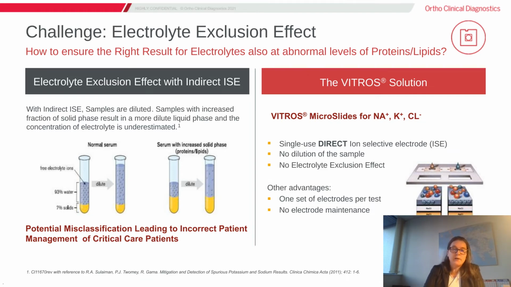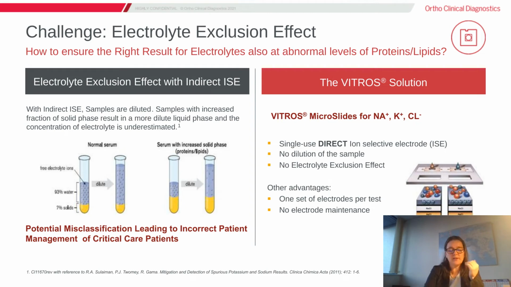So on the left side of the slide, you can see what can happen with indirect ion selective electrodes for which samples are diluted. As long as the sample has normal protein or lipid levels, this is fine, it's okay.